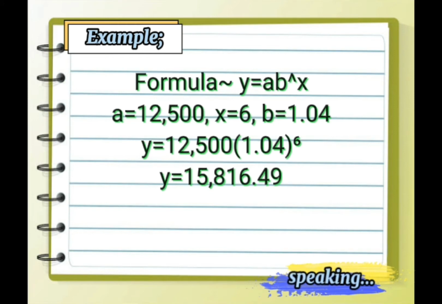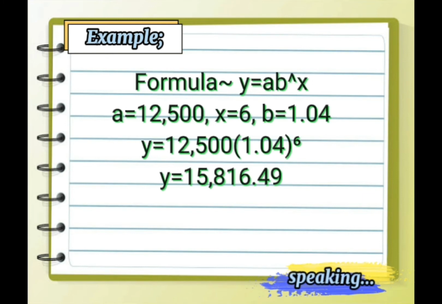Next, substitute a to 12,500, and x or the interval to 6 because 2021 minus 2015 is 6. To compute for b or the growth factor, we add 1 to 4%, so 1 plus 0.04 is 1.04. Arrange the given numbers in the formula: y equals 12,500 times 1.04 raised to 6.